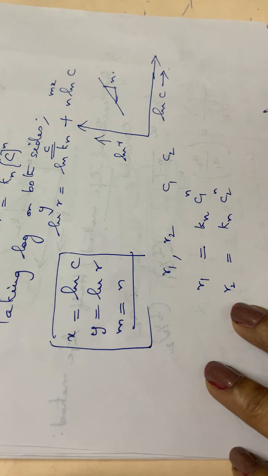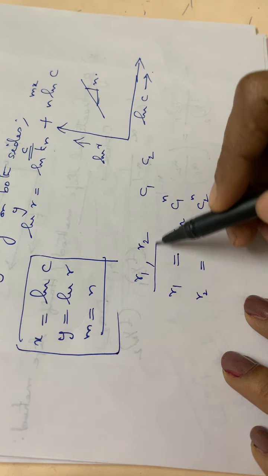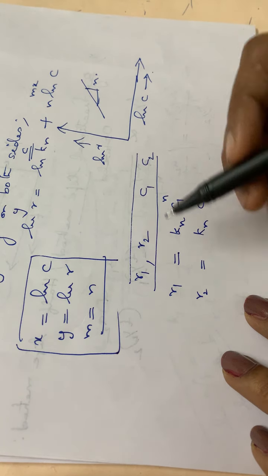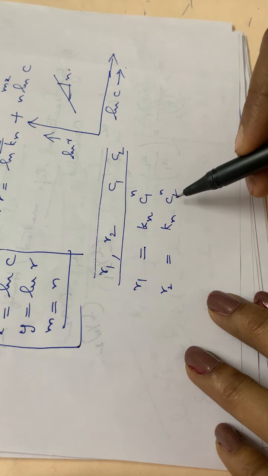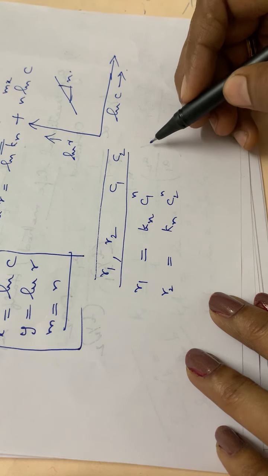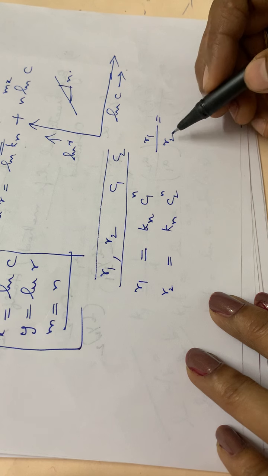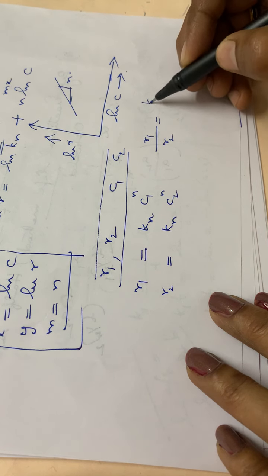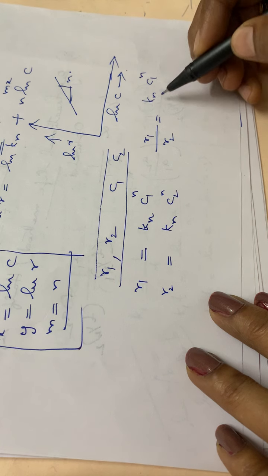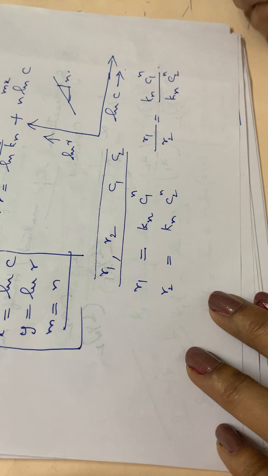Kn is a constant, isn't it, since the reaction is of nth order. Just like the half-life period, you can compare these two rates. So R1 by R2 is equal to Kn into C1 raised to n divided by Kn into C2 raised to n.